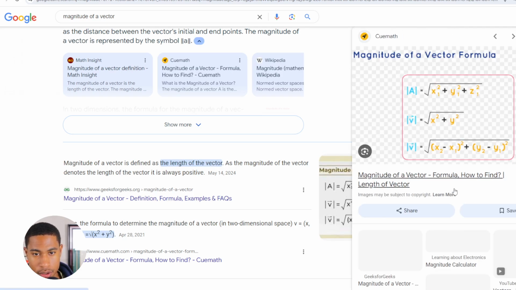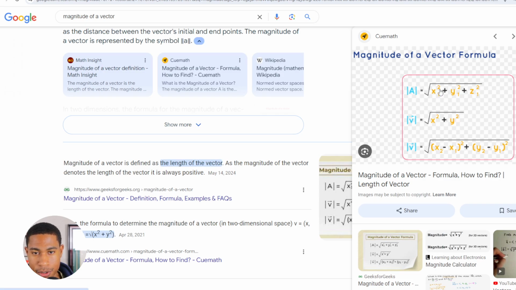Yes, so to get the magnitude, you want to take the x component squared plus the y component squared plus the z component squared of A. So a vector A has an x component, a y component, and a z component. To get the magnitude, you just want to take the square root of all of it. Okay. So that is how you get the magnitude.